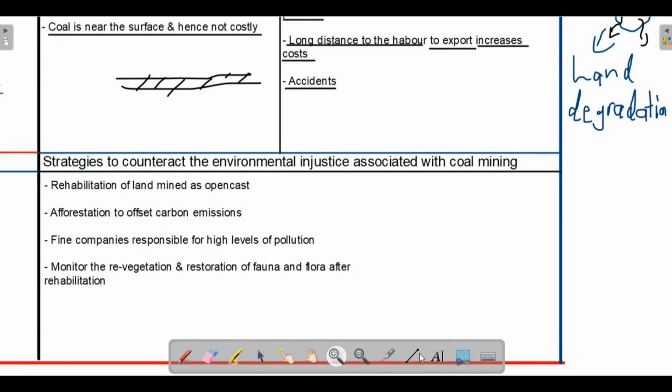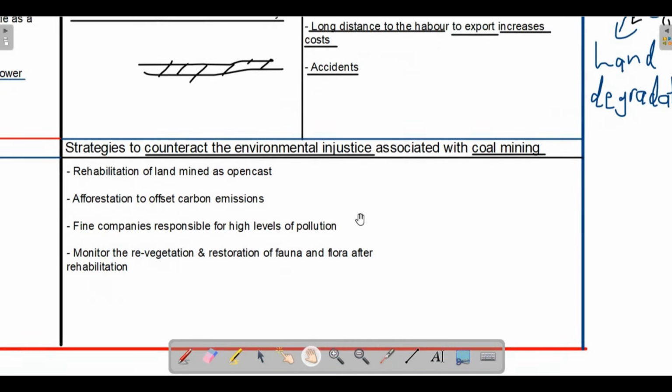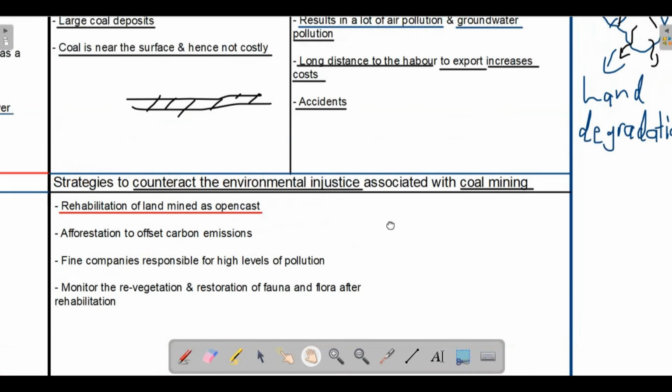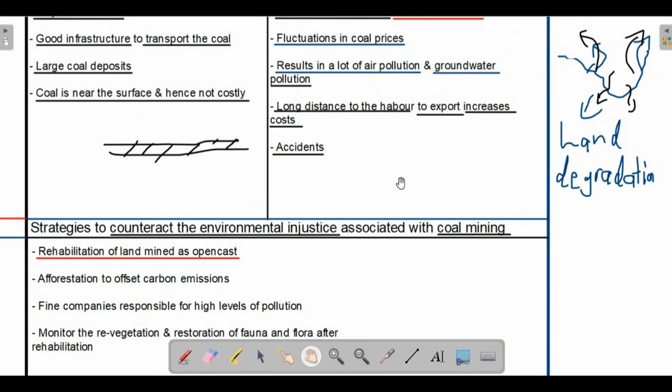Then we have strategies then to counteract the environmental injustice, okay, that is associated with coal mining, because they really do a bad job at rehabilitating or recovering the land that they damaged after their operations. So there should be ways or contracts that are written down to say that when we are done with this operation, we are going to ensure that we rebuild that land, or rehabilitate it, or restore it, make it more beautiful than it was before.